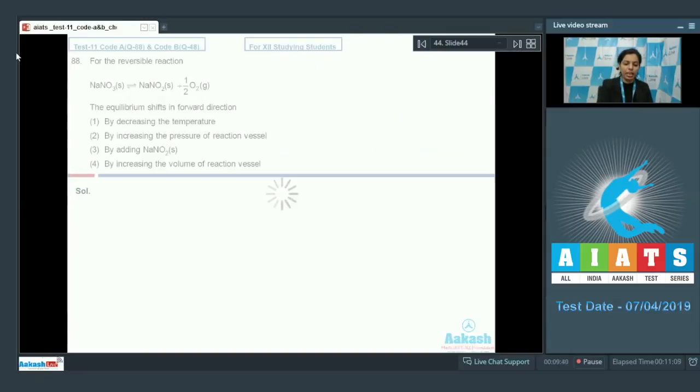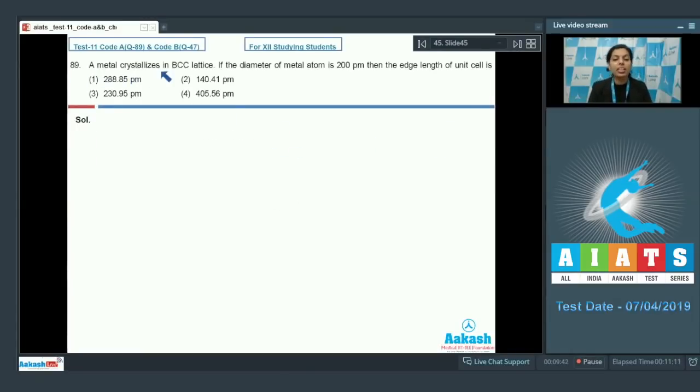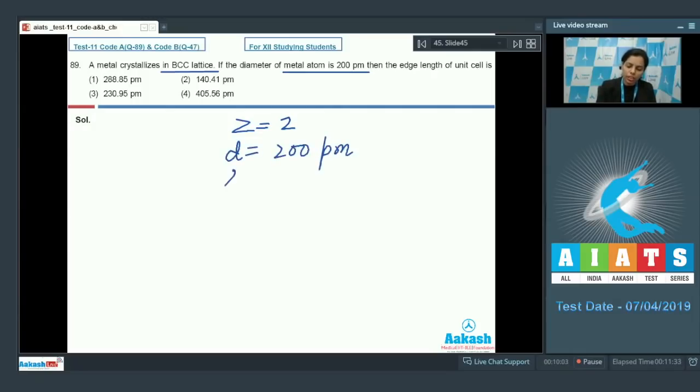Let's take the second last question. A metal crystallizes in BCC. As it crystallizes in BCC, one thing is very clear, that the Z value in this case is 2. Further, the diameter of the metal is 200 picometer. This is the diameter, so if I talk about the radius, it becomes 100 picometer.